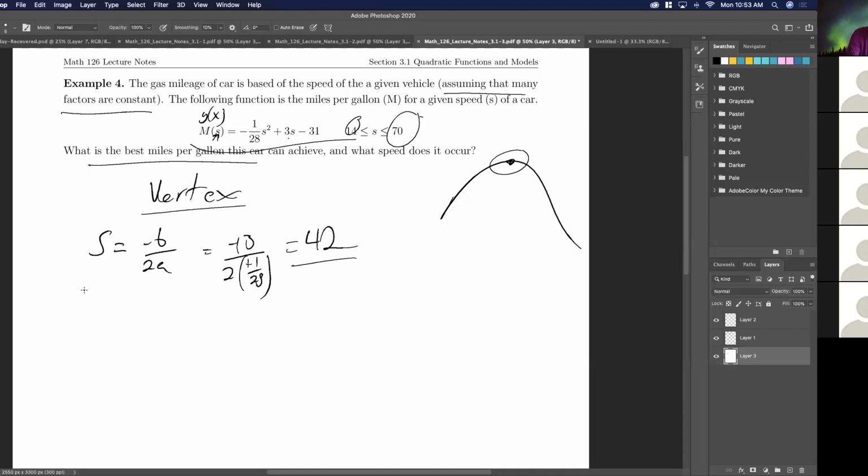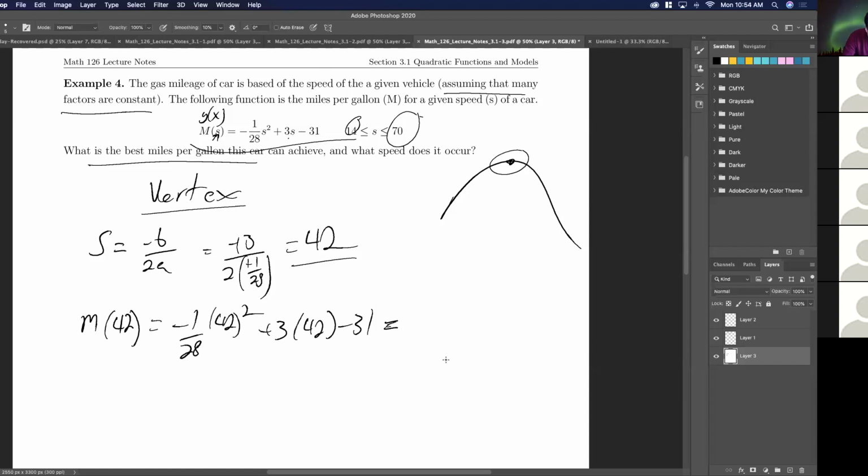But what's the miles per gallon? Well, we have to crunch through it. M equals, so we'll just plug it into the formula. Minus 1/28 times 42 squared plus 3 times 42 minus 31 equals, and here, just crunch it through a calculator.